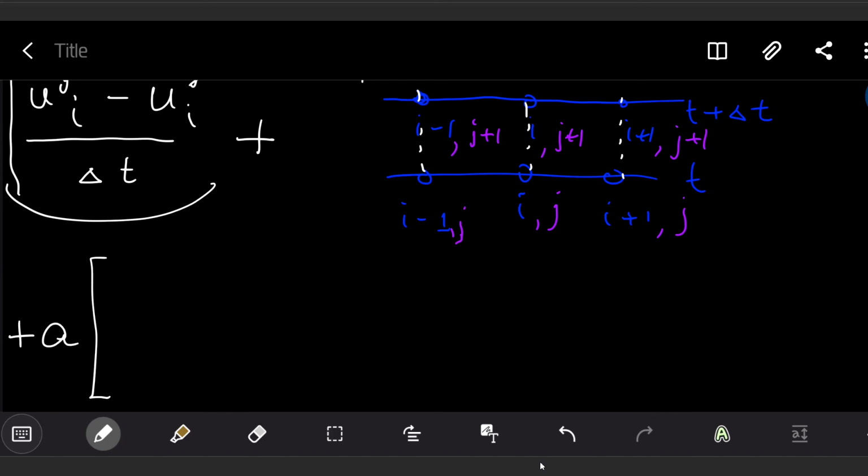I will calculate the space derivative on the layer where we know parameters, because these are, let's say, the initial conditions which we are starting from, so we know everything here. And for the next time layer we do not know anything yet.